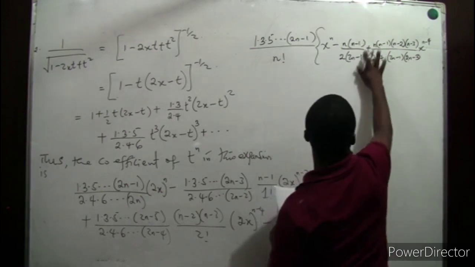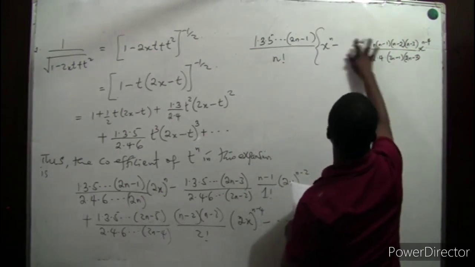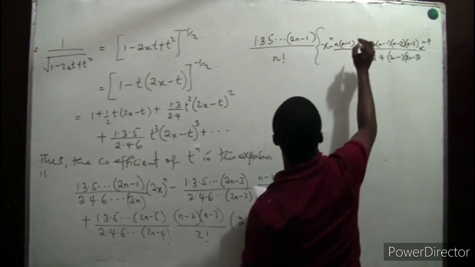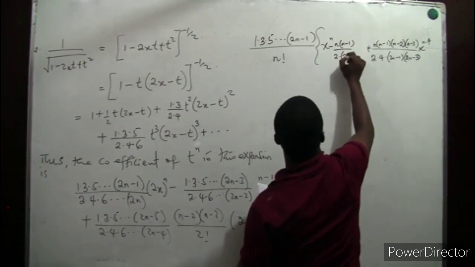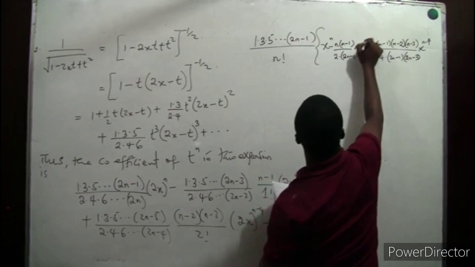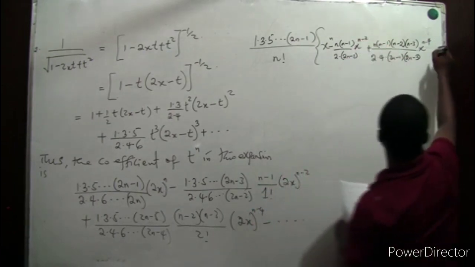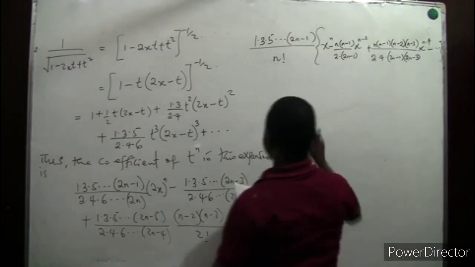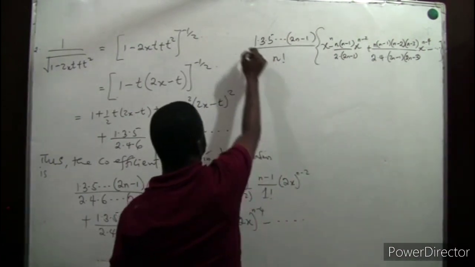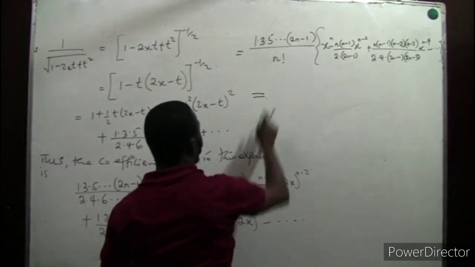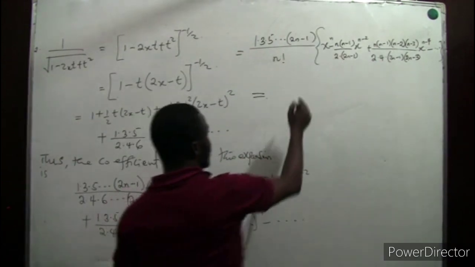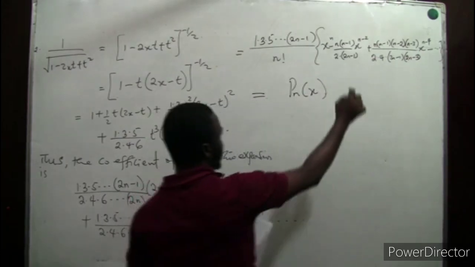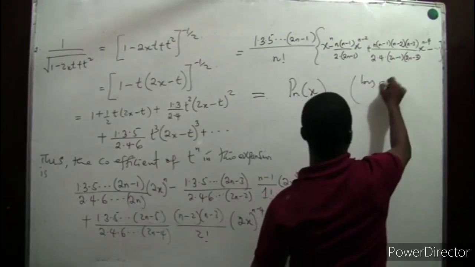I have omitted something here. Minus n into n minus 1 divided by (2n minus 1), x raised to power n minus 2. Then minus, it continues. So you now see that the whole of this expression defines our Pn of x, by definition.